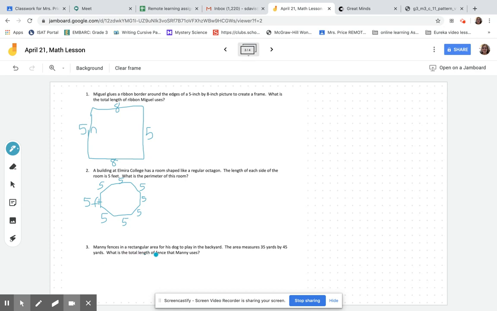Manny fences in a rectangular area for his dog to play in the backyard. The area measured 35 yards by 45 yards. What is the total length of the fence that Manny uses? Well, a rectangle has how many sides? 4 sides. So draw the rectangle and then label it: 35 yards by 45 yards.